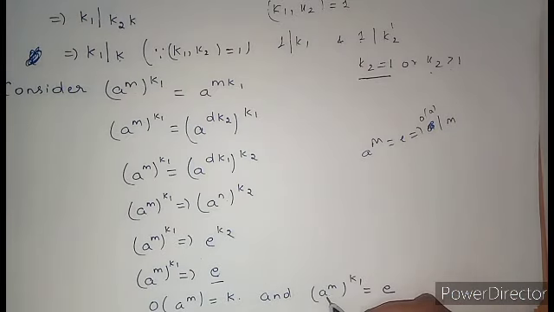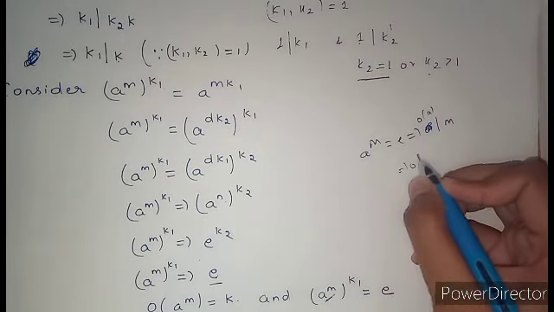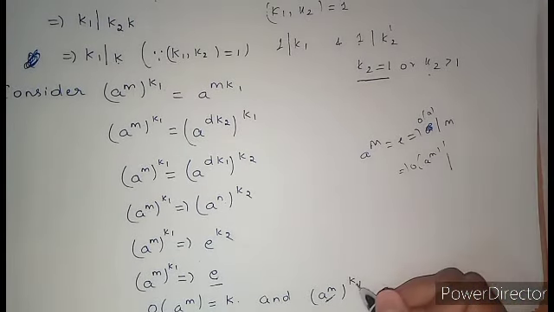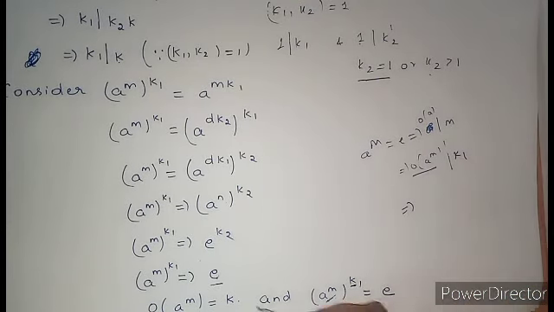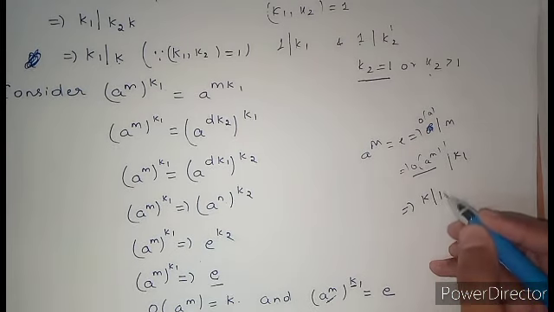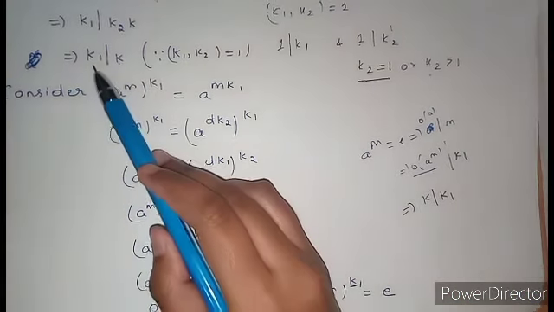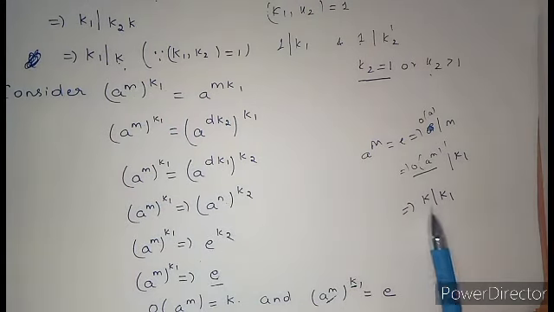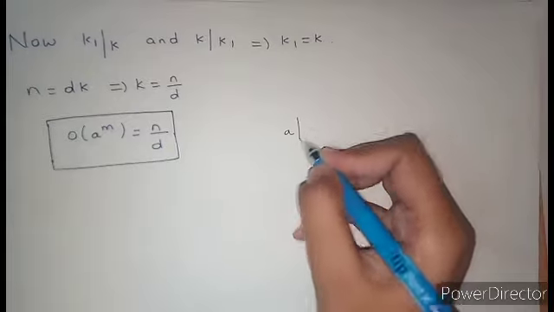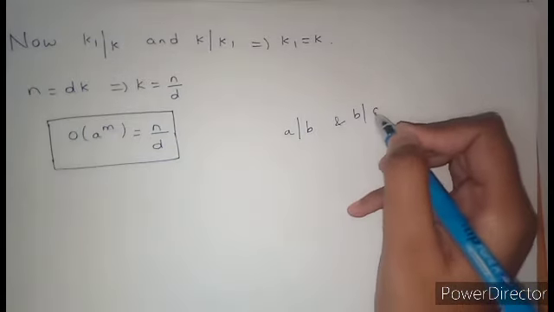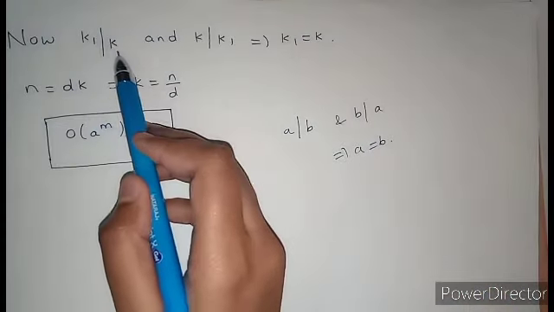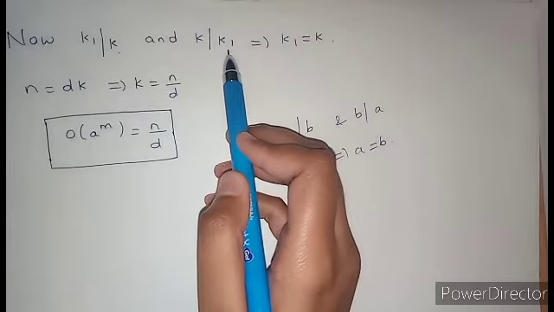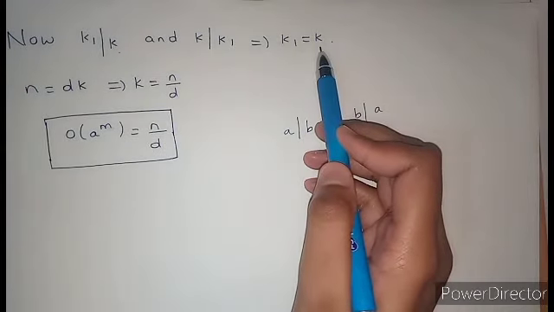Now in place of a we have a^m, so the order of a^m divides k1, the power. The order of a^m is k, so k divides k1. In the previous step, k1 divides k, and here k divides k1. We have one result: if a divides b and b divides a, then a is equal to b. Likewise here k1 is dividing k and k is dividing k1, so k1 is equal to k.